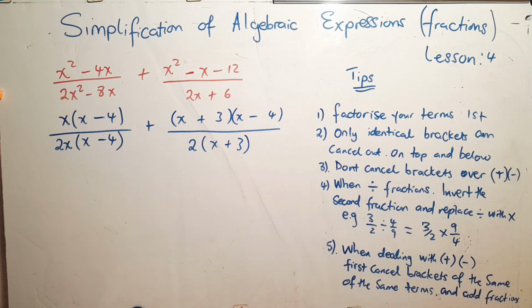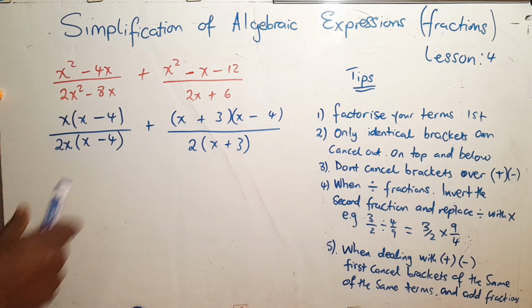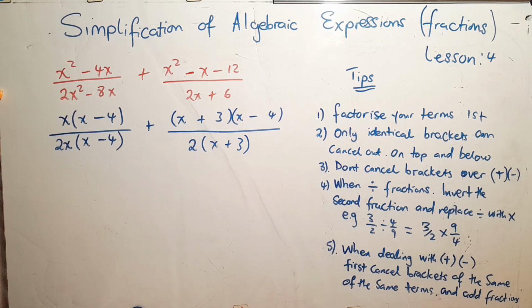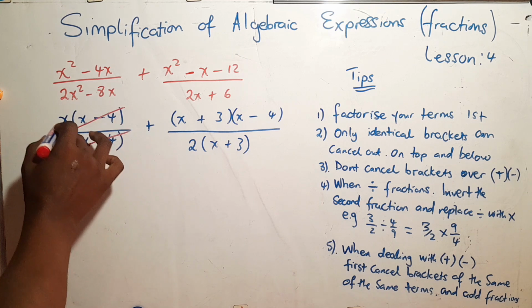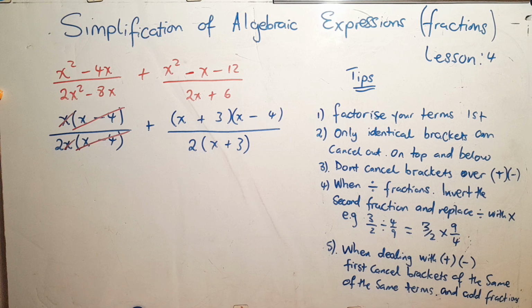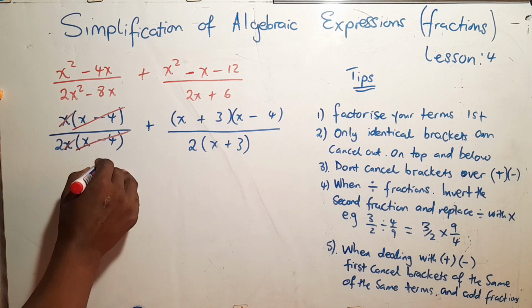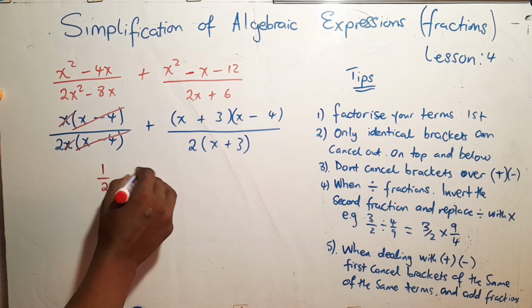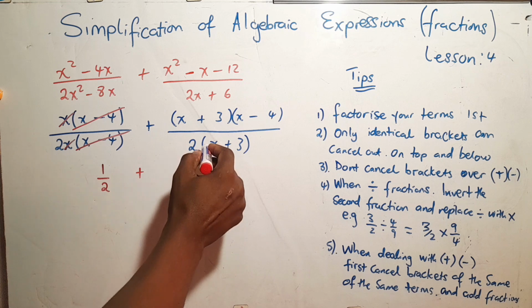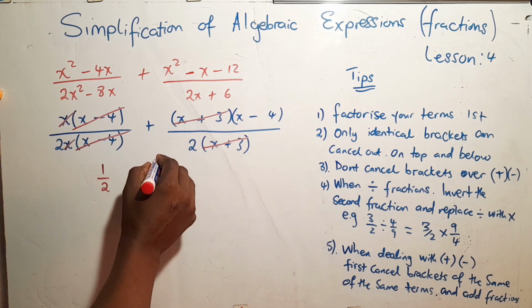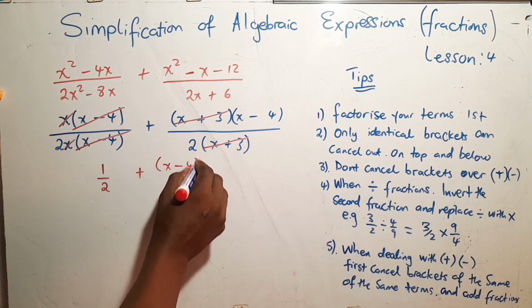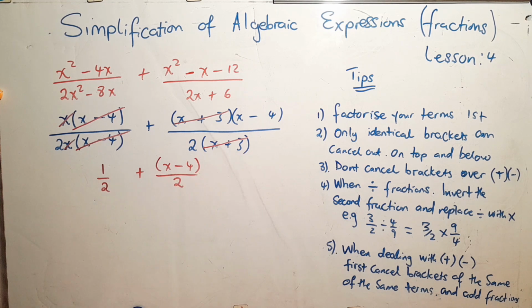So now I said in each and every fraction we can cancel out the identical things on top and below. So this and this can cancel, and x can cancel as well. So on this fraction we'll be remaining with 1 over 2, and then here we can see that this and that are cancelling, so we'll be left with x minus 4 all over 2.